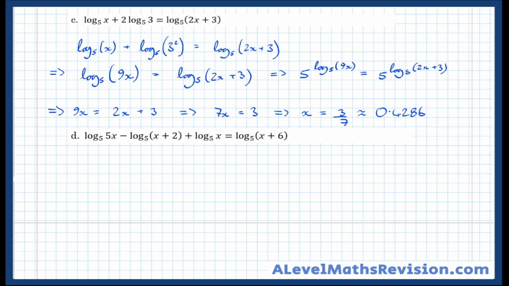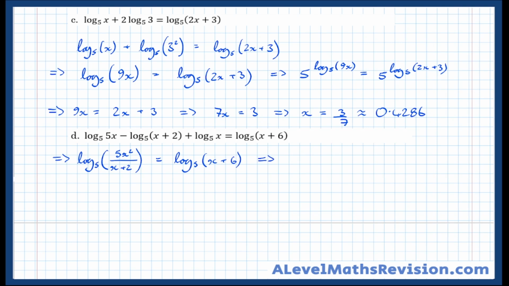So combining these using the addition and subtraction rule, we end up with log to the base 5 of, and we've got 5x there, and using the addition law, times x, which will give us 5x squared on the top. Then there's a subtraction law there as well, putting x plus 2 on the bottom, like that, equals log to the base 5 of x plus 6, like that.